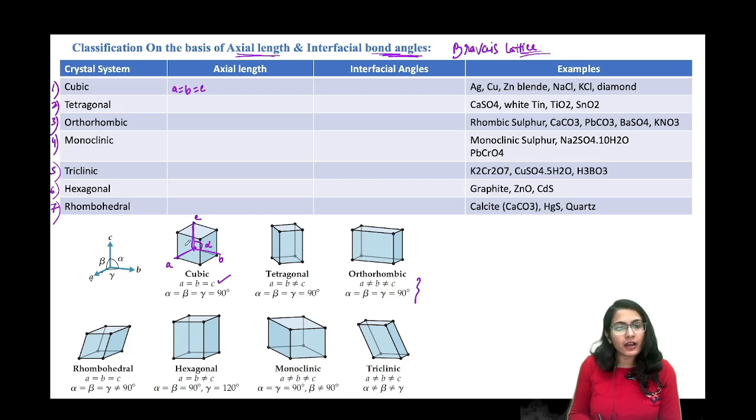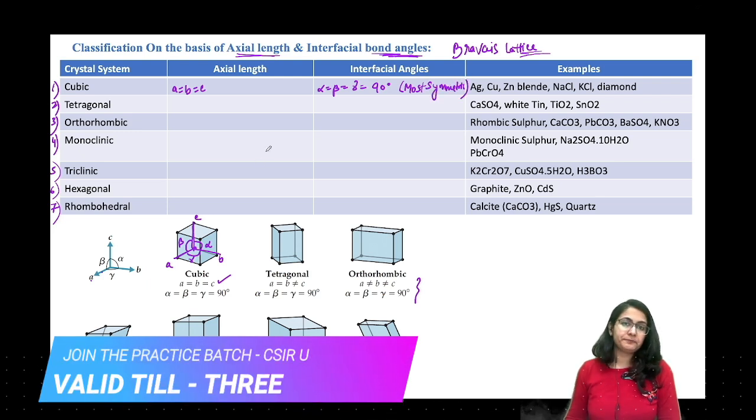Alright, now what about the interfacial angle? This is alpha, this is beta and this is gamma. But for a cube all the angles are 90 degrees, isn't it? So alpha is equals to beta is equals to gamma is equals to 90 degree. All the interfacial angles are same for cubic system, and that's why this is mentioned to be the most symmetric cubic system that you can have.